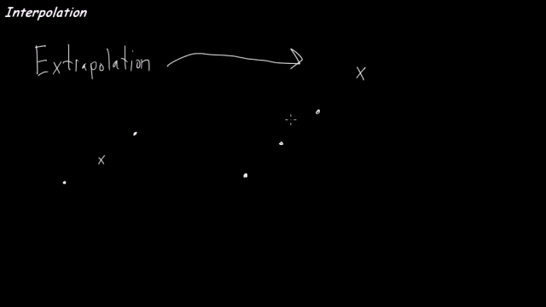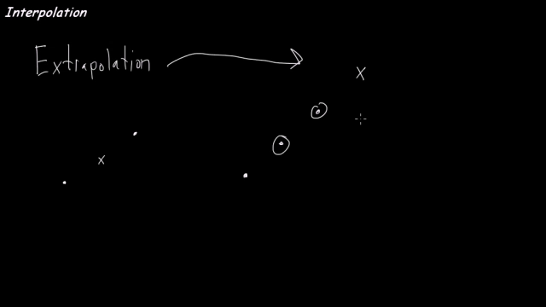It's the exact same thing as interpolation, it's just that my unknown is outside the bounds of my known data. The good thing about extrapolation is the formula for interpolation is exactly the same as the formula for extrapolation. You choose this point right here and this point right here, the two closest points, and use that formula I showed you before for interpolation, and then you can find x.